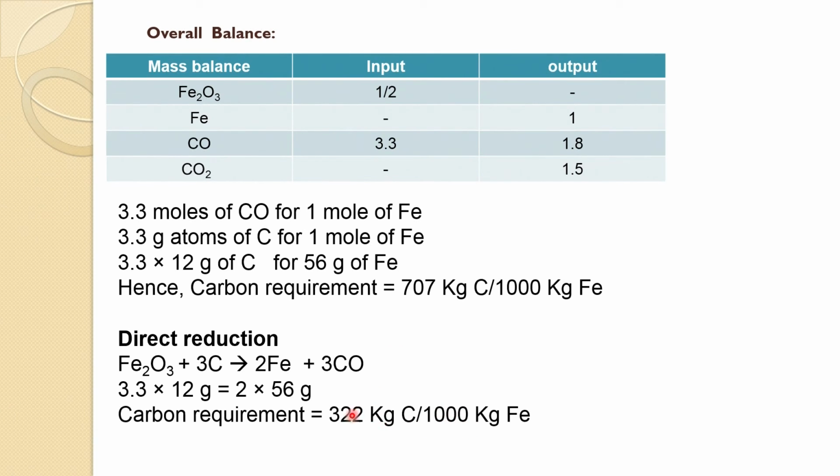So, looking at counter current indirect reduction and direct reduction, there is a big difference in the coke consumption. So, this coke you can save. In one way, direct reduction is quite beneficial in terms of saving coke or carbon compared to indirect reduction.